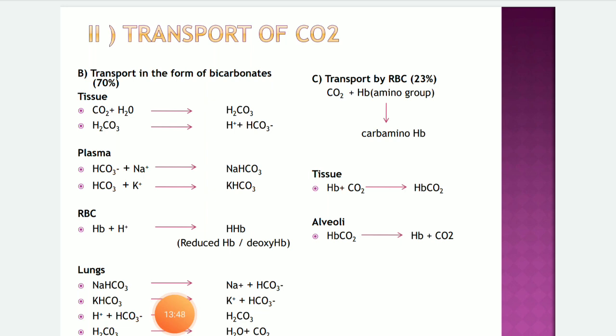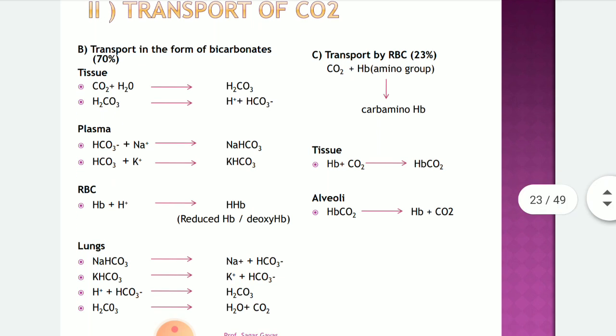So in case of transport of carbon dioxide, 7% is carried in the dissolved form. 70% of the carbon dioxide is carried in the form of bicarbonate, whereas 23% is carried by RBC.